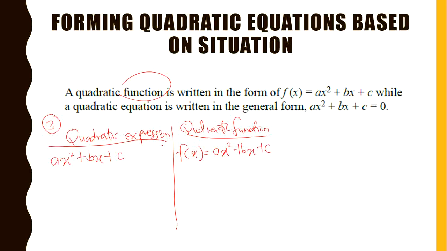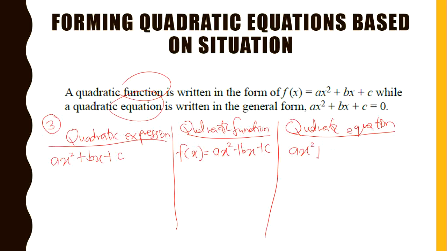Okay, the difference between expression and function is that it has f(x). It doesn't matter whether it's f, g or h, as long as it has the function's name. And one more, we have quadratic equation. Quadratic equation is the same, we have ax squared plus bx plus c, but the difference is it equals 0.